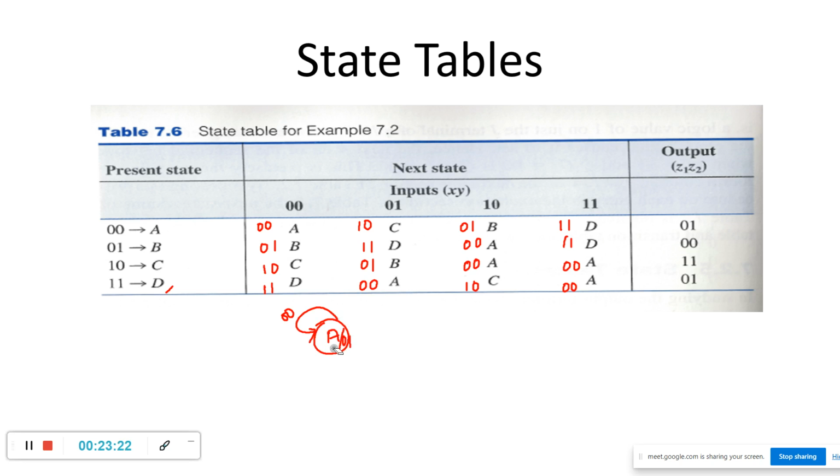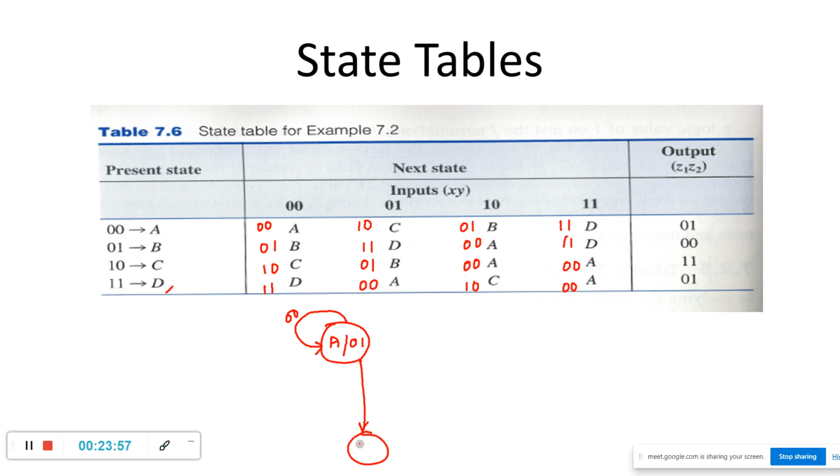I will tell you once again how to draw the state diagram. First you write A with the output 0 1. With A, input 0 0, where is it going? A only, with the input 0 0. Next, 0 1, where is it going?